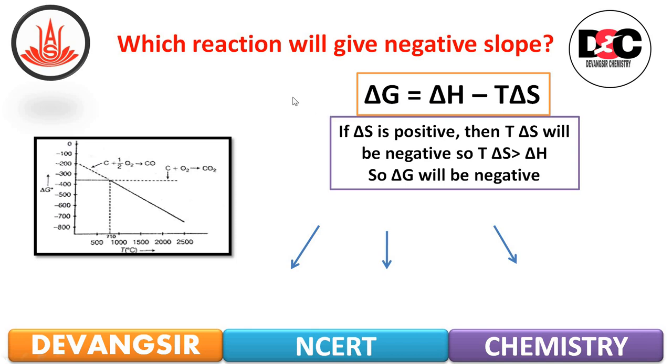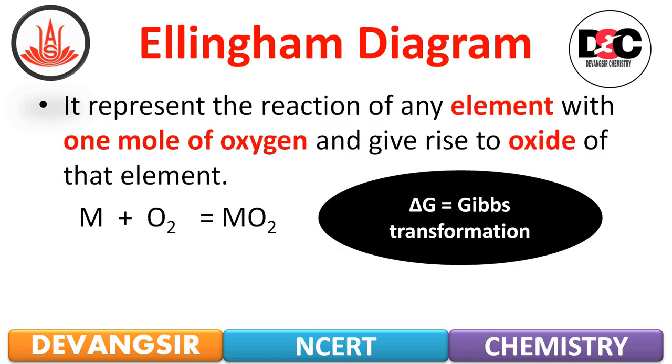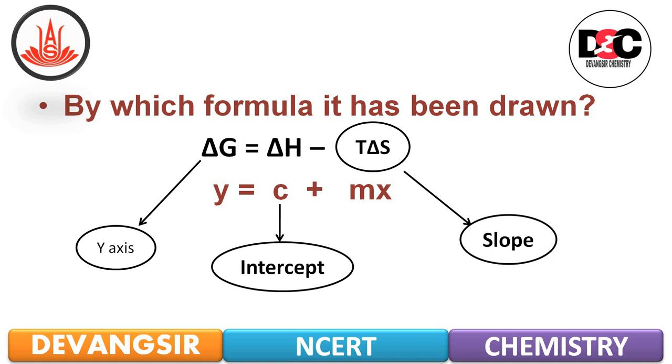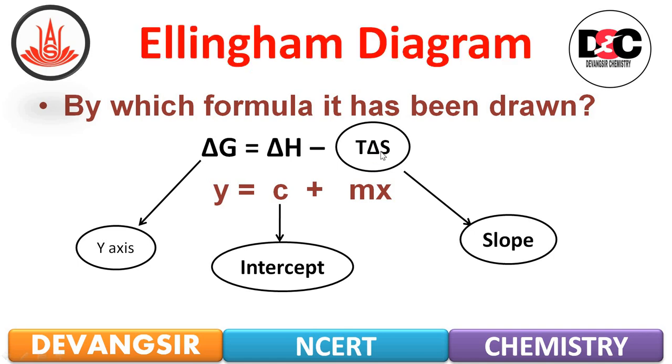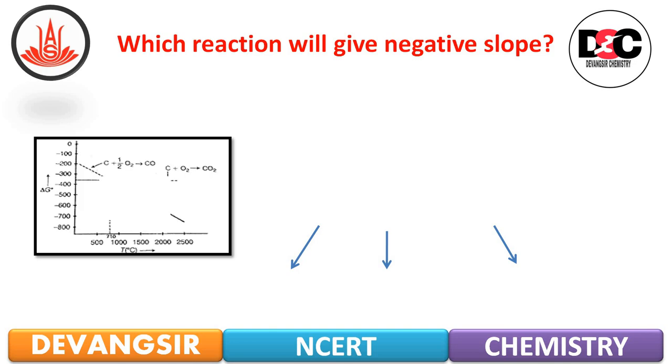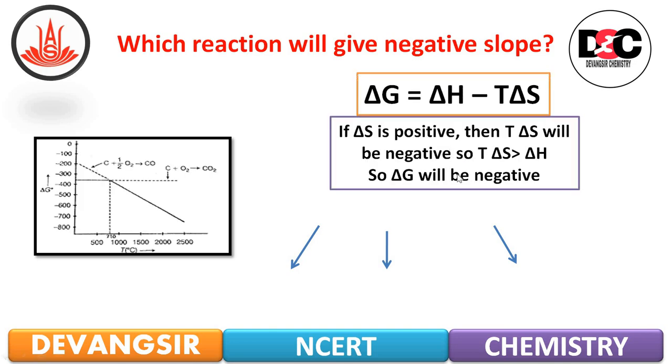And the slope, you are already aware, what is the value of the slope? The slope is minus delta S. If delta S is positive, then with the minus sign the slope would be negative. So the T delta S value will be more, and because of that the delta G value will be more.